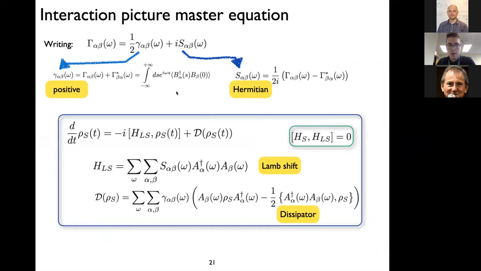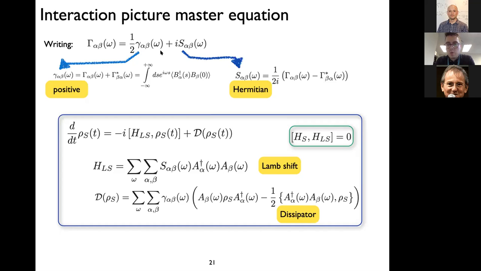When we separate this quantity into its real and imaginary parts, we introduce these two new quantities, which we denote gamma and S. Each of these coefficients depends on these two indices alpha and beta.